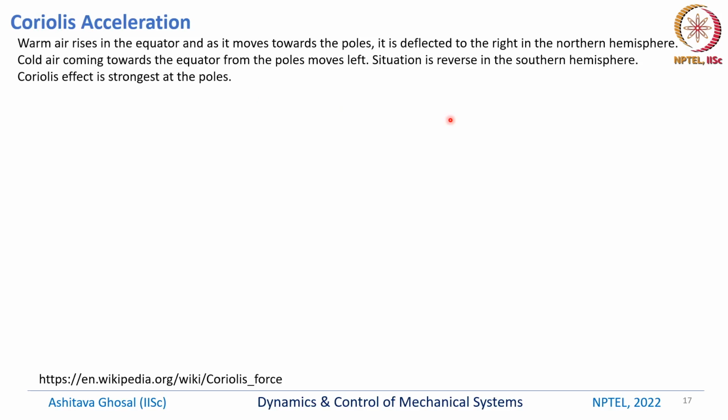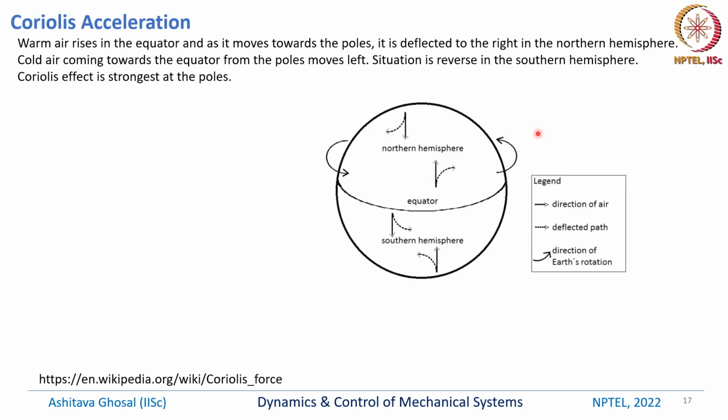So it is deflected to the right in the northern hemisphere, and cold air coming from the north is deflected to the left. So this is the effect of the Coriolis component. So we have omega cross v, so omega is pointing outwards, v is pointing this way, and then it will move to the right. So why is it to the right? Because there is a minus sign.